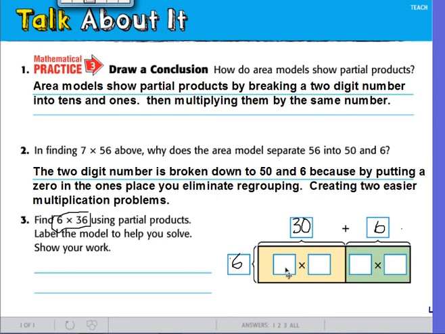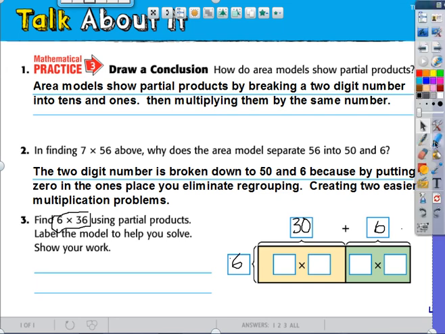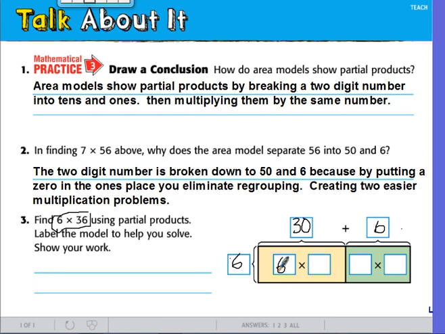All right, let's fill in our area model. What goes in this first square that I'm looking at right here? 6. All right, so that's 6 times what? 30. And then what goes here? 6 times what? 6. Okay.